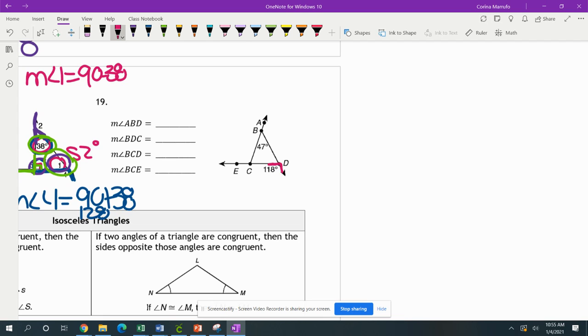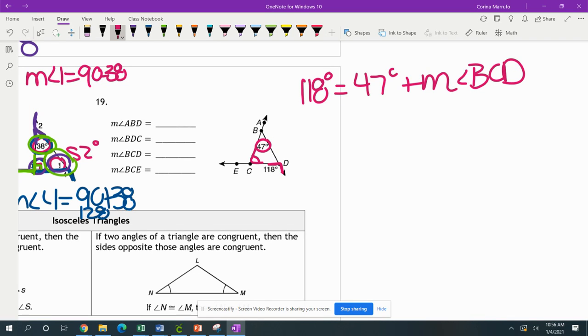And so this angle should be equal to the opposite angles, the 47 and whatever that one is. So 118 degrees should equal 47 degrees plus the measure of that angle right there, which is going to be BCD. Okay, they didn't put a little number there for us, so we have to use all three letters to name the angle.